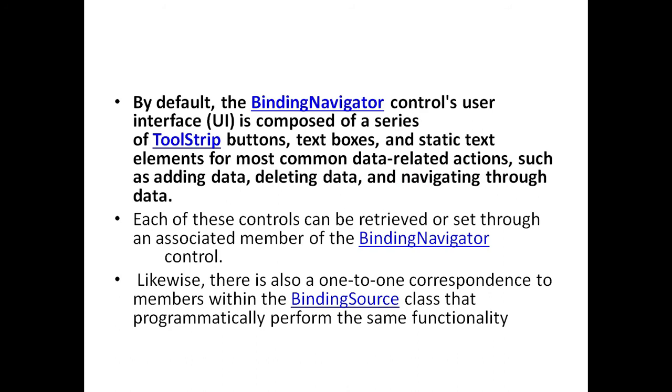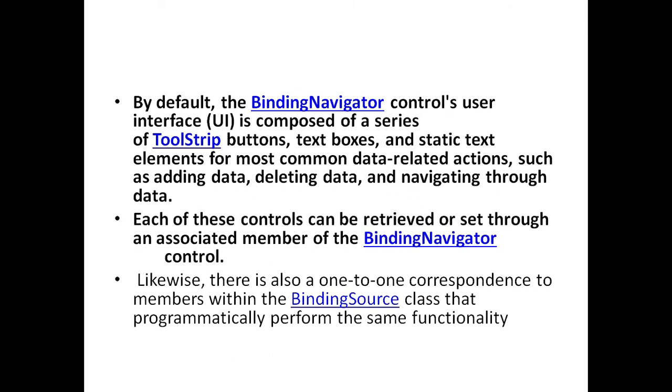By default, the binding navigator control's user interface is composed of a series of toolstrip buttons, text boxes, and static text elements for most common data related actions such as adding data, deleting data, and navigating through data.